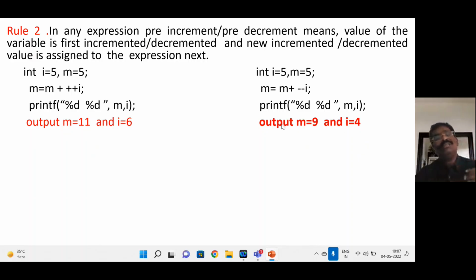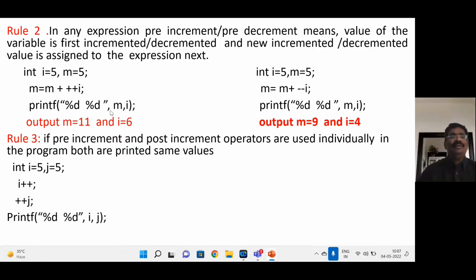But in most cases, without knowing the difference between pre-increment and post-increment, or pre-decrement or post-decrement, when you use the variables, there is a chance of getting wrong results in the expression, right? This is the second rule.